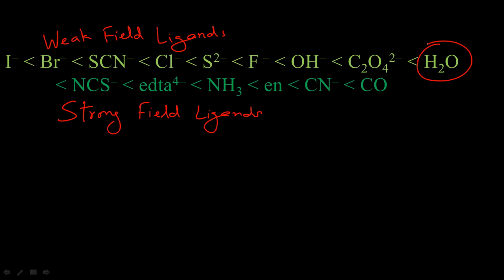But in a few cases, it can act as a strong field ligand. Otherwise, up to oxalate, it is weak. And from thiocyanate onwards, it is strong. So remember the difference. SCN is weak, NCS is a strong field ligand. And why we are talking about it, I will explain.